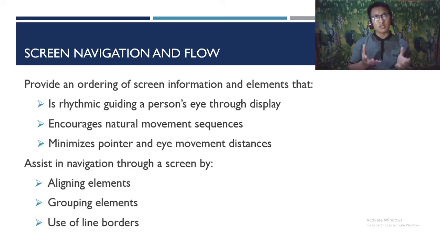The user is not properly convinced by the alignment of the content. That is very important. So we need to consider the alignment of our content in order to see it more professionally, or more precisely. That is why we consider this one also, grouping elements, and use of lines and borders.